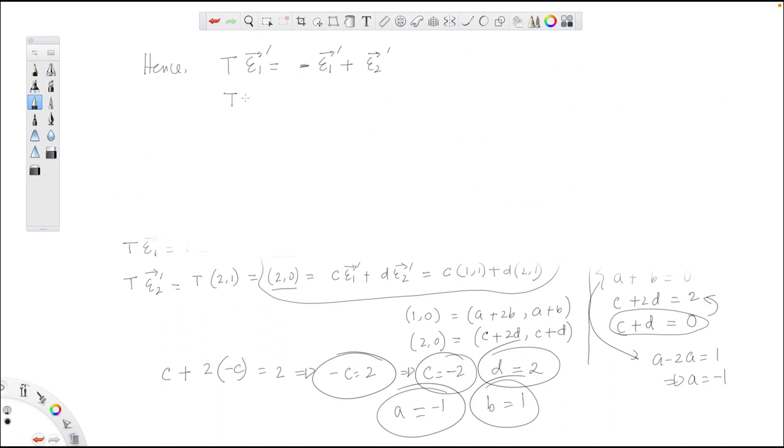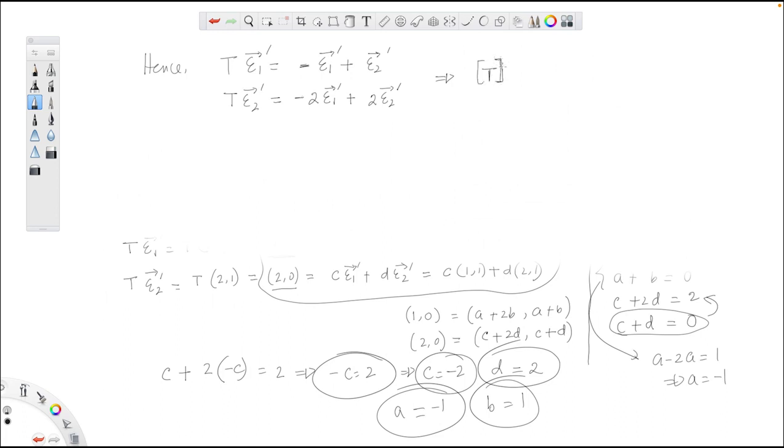And T acting on epsilon 2 prime produces a vector which can be written as a linear combination of these two basis vectors for the ordered basis B prime, which reads as minus 2 times epsilon 1 prime, since C is equal to minus 2, plus, we know D is 2, so 2 times epsilon 2 prime.